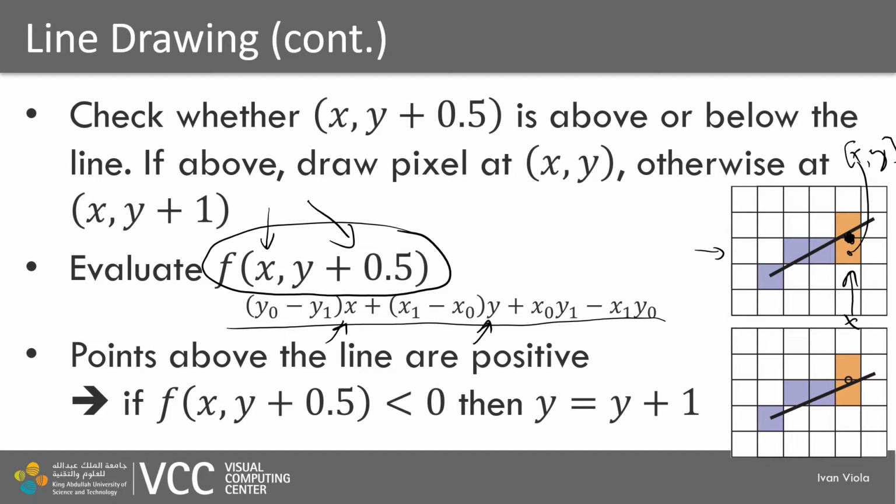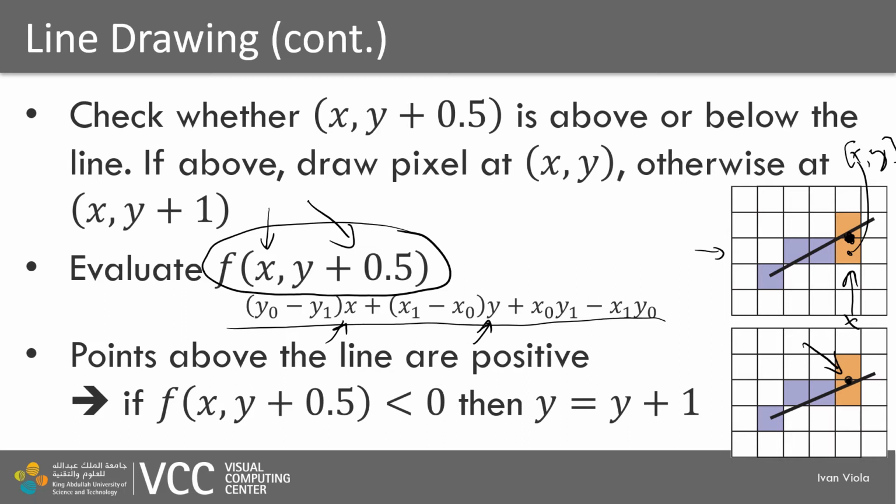And that means that our line goes above the pixel. If our functional evaluation is positive, as it is in this case, then our point is above the line. You can simply check that by evaluating, for example, y with a very high value, which is guaranteed to be above the line.